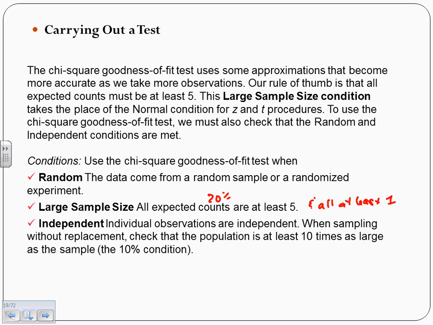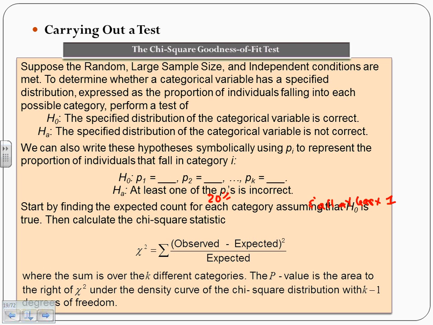Some people do say that all expected counts are at least 5. AP will take either one of those. They won't ever give it to you where it wouldn't meet one or the other. Independent: you want to check that it's either with replacement or without replacement. If it's without replacement, you're going to have to check that 10% condition just like before.